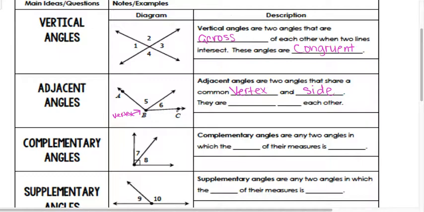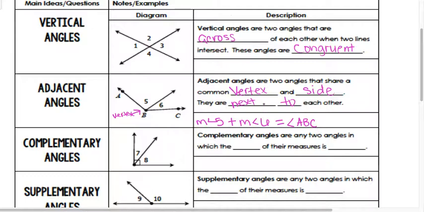Okay, so then it goes on to say they are next to each other. Right? So down here, let's just write down this. The measure of angle 5 plus the measure of angle 6 is equal to angle ABC.